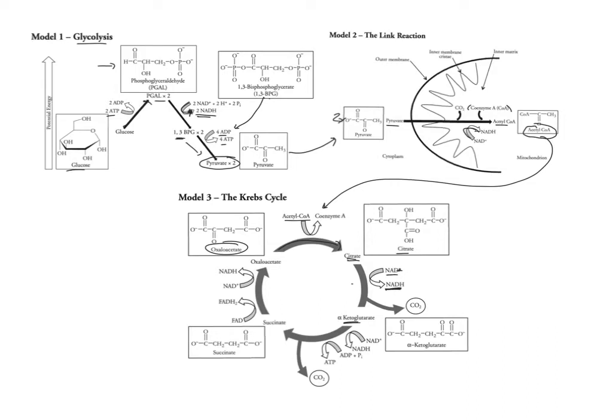As we go around this cycle, alpha-ketoglutarate gets rearranged, and that is also an exergonic process that's going to result in some ATP as well as some more NADH molecules.